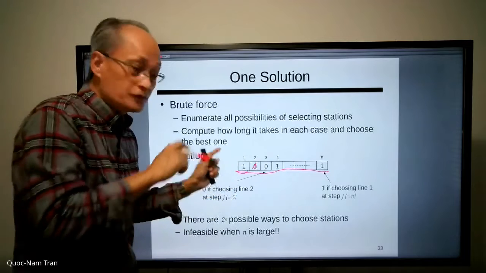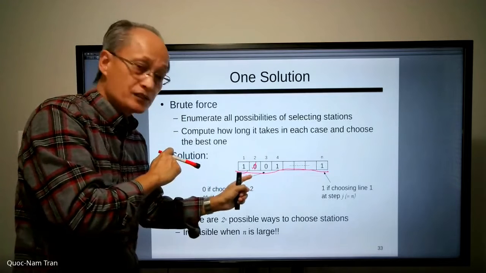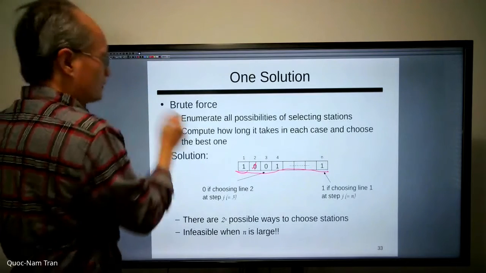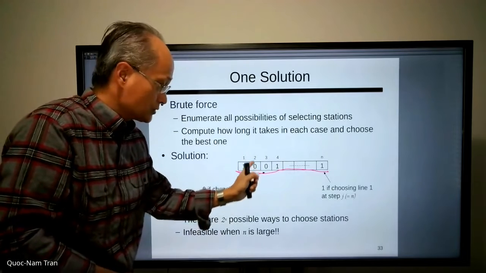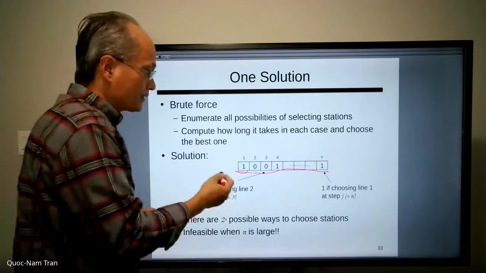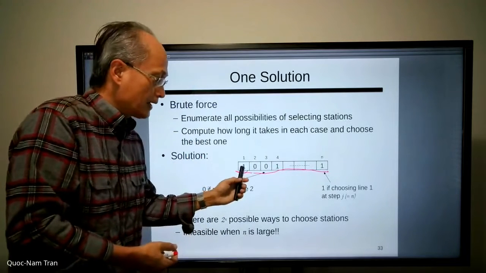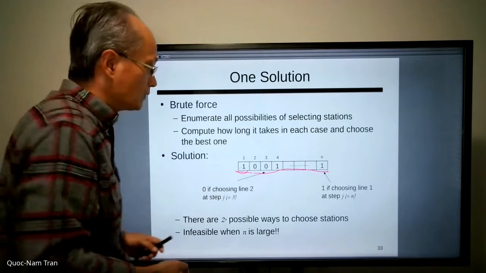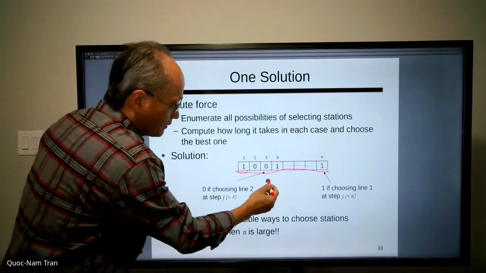But if we want to change from station 1 of line 1 to station 2 of line 2, then we can write 0 here. 0 means station 2 of line 2. Instead of 0, we can write 2, that's fine, right? But here we just want to say that there are two options, right? Line 1, line 2, right? Line 2, line 1. So that said, we will try to see here, station 1, we want to use line 1.